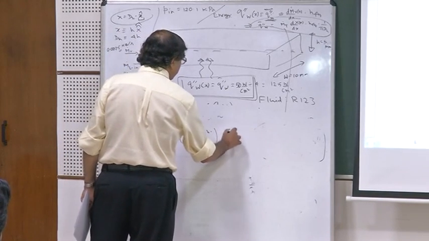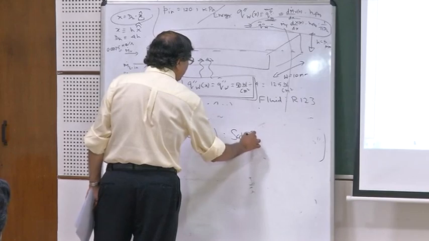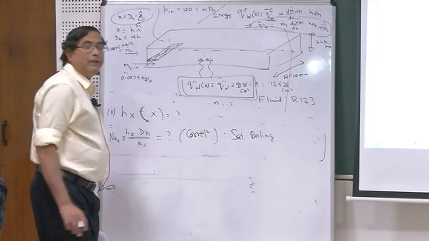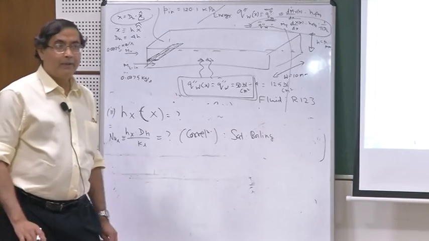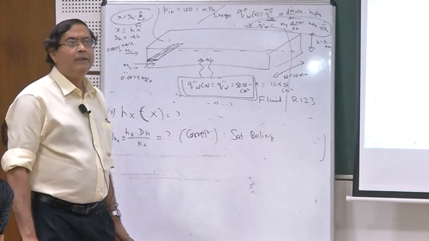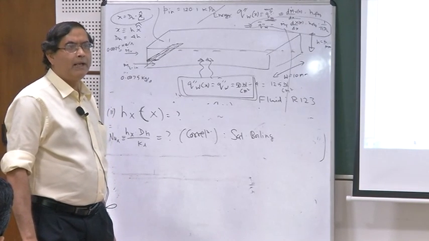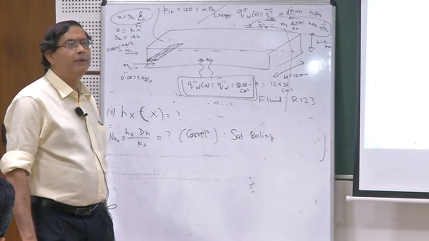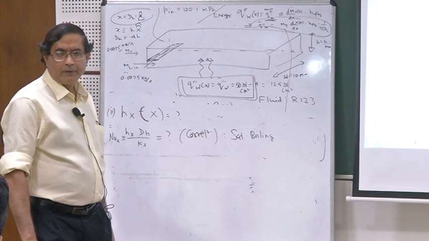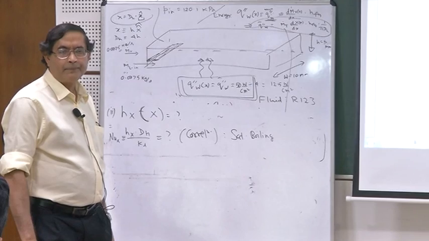This is a saturated boiling inside the duct. So there is only one correlation that I looked at, and there was another one that Professor Ghosh Dastidar has mentioned. Which one did he put? Do you remember from yesterday's lecture? Which correlation he used?